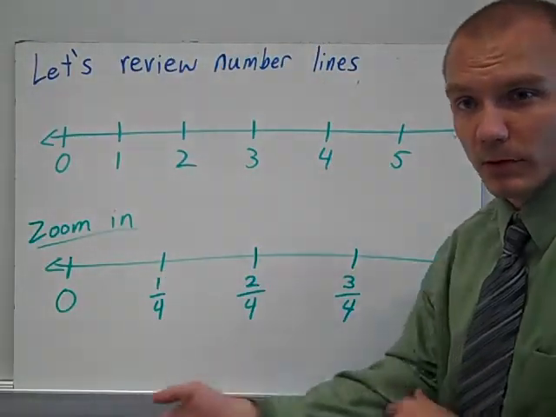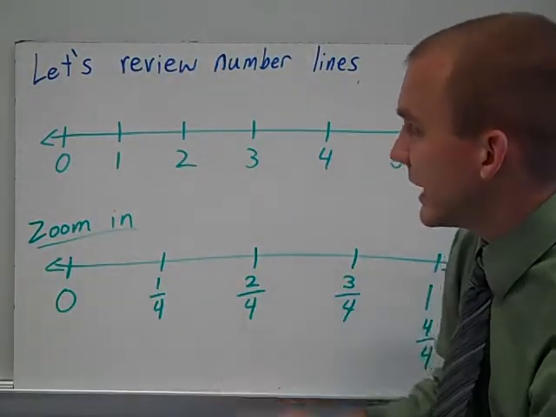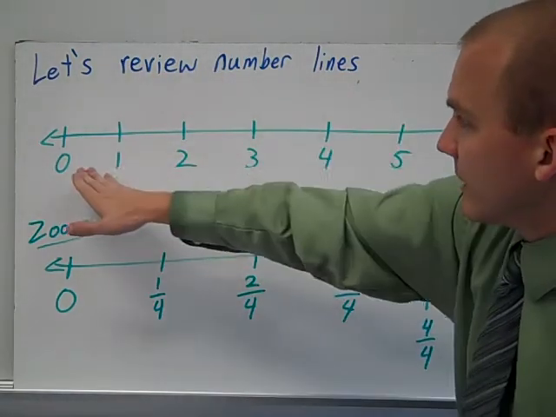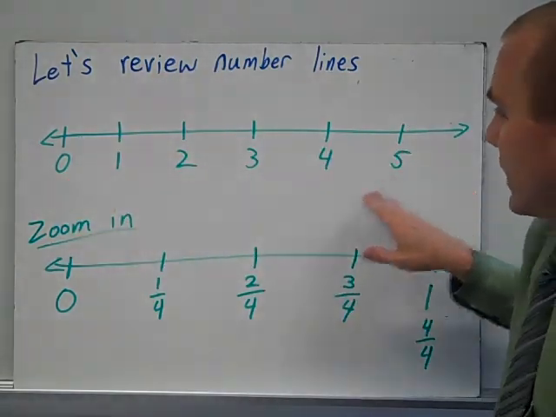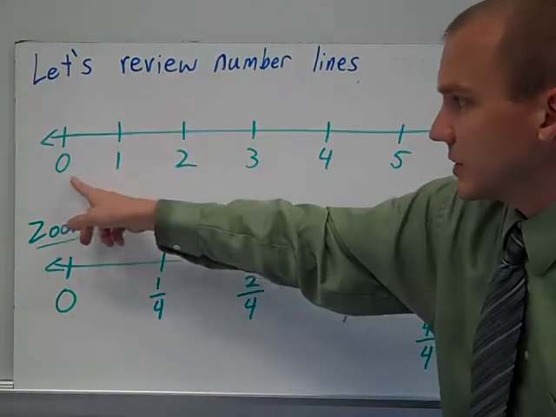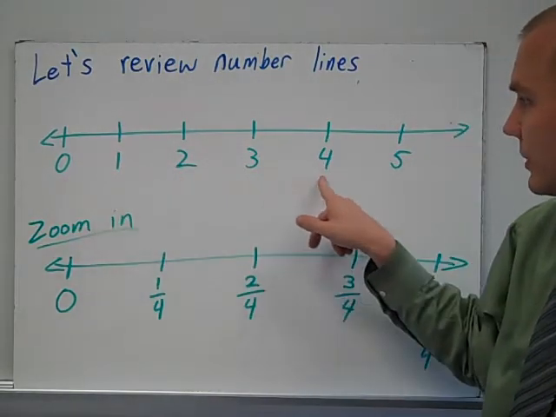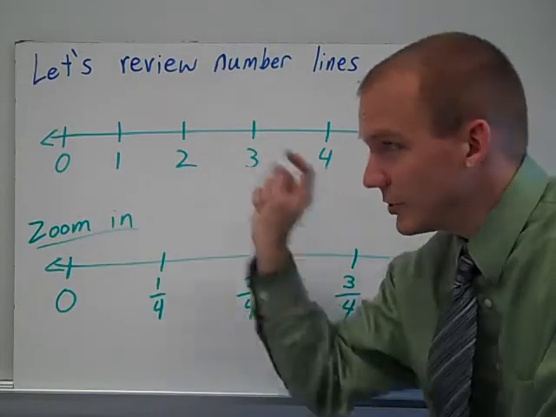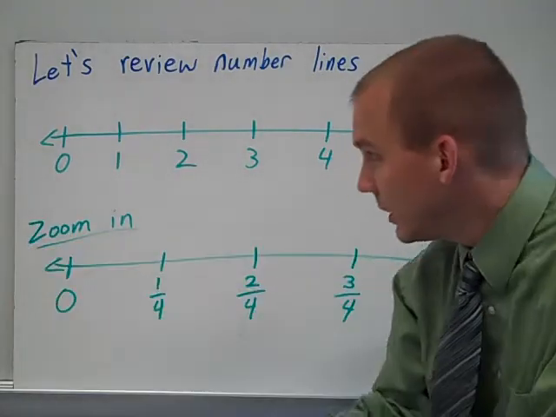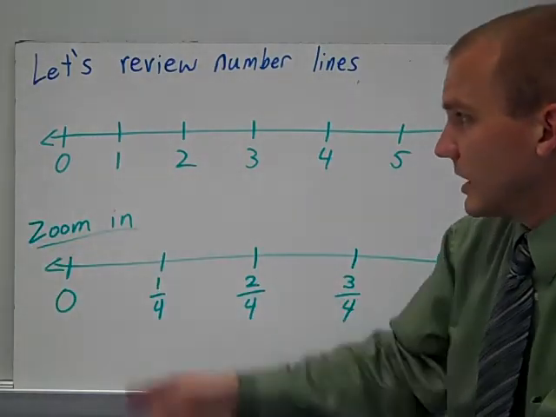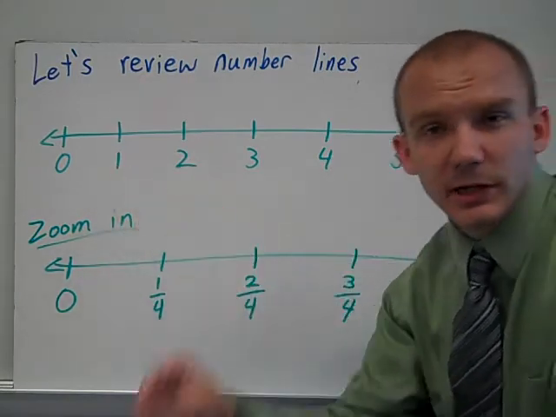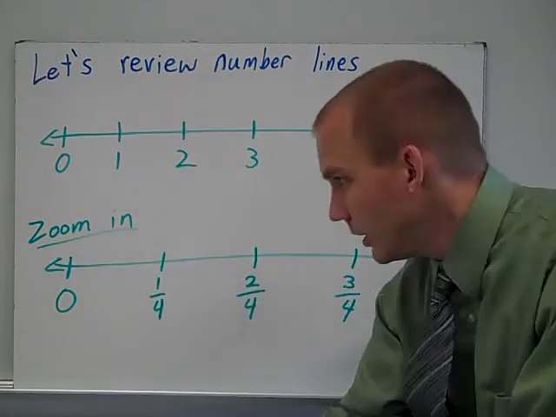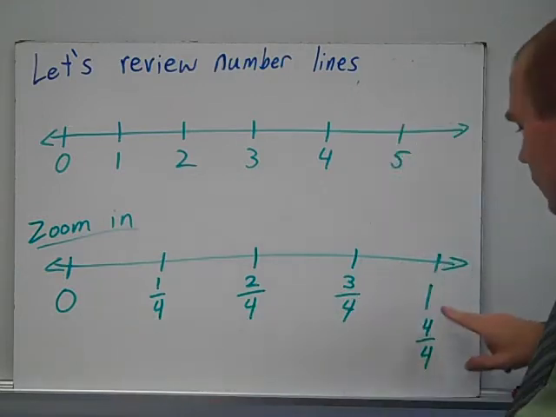Let's kind of review number lines and talk about this in a little more detail. So we have 0 and it continues in both directions. Just kind of count 1, 2, 3, 4, 5. Remember, as you go to the right, you get bigger, and as you go to the left, you get smaller. And that's basically number lines, but when we're dealing with fractions and number lines, we want to zoom in to between 0 and 1.